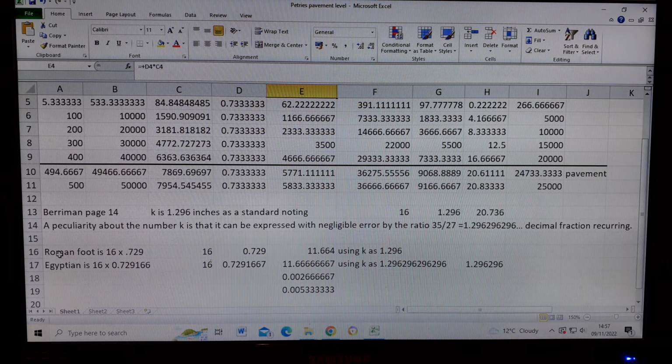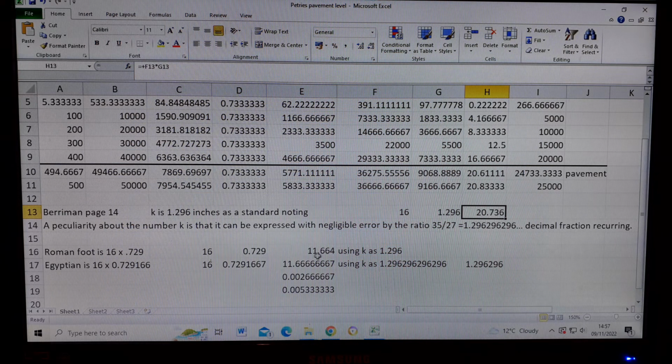And what we get in Berryman's book is a Roman foot. Let me just talk about K first. K is 1.296 inches as a standard, noting that 16 times 1.296 is 20.736. We talked about that in the previous video, John Neal's cubit. The Roman foot multiply is 0.729 as a digit, and that is 9/10 times 9/10 times 9/10 multiplied by 16.